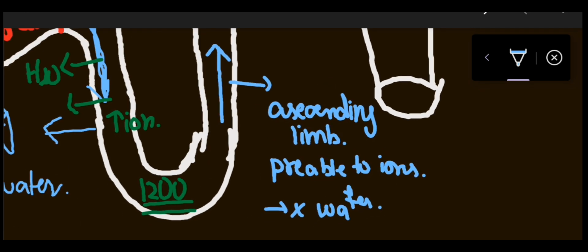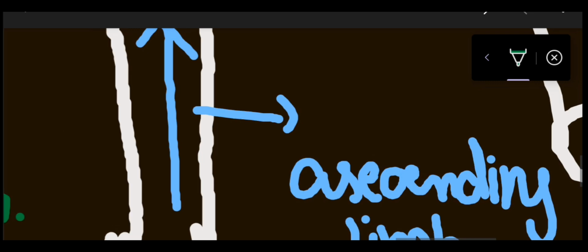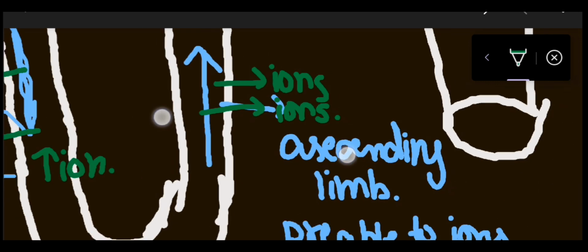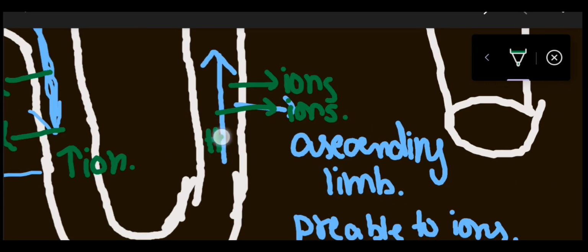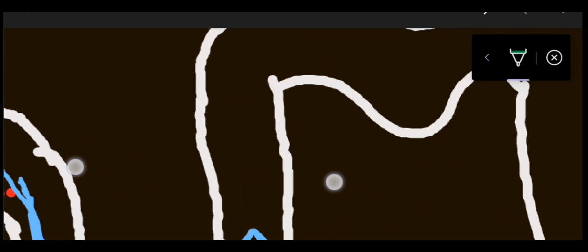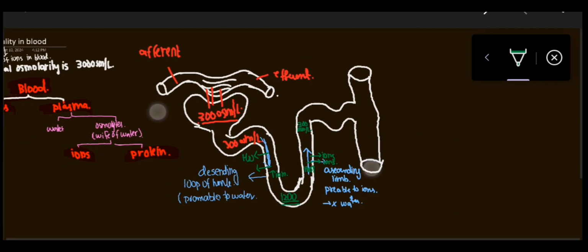So through this membrane, more and more ions will be released out. When ions are released, the water concentration inside is increased. This means the osmolarity again decreases. It goes to the normal 300 osmol per liter.